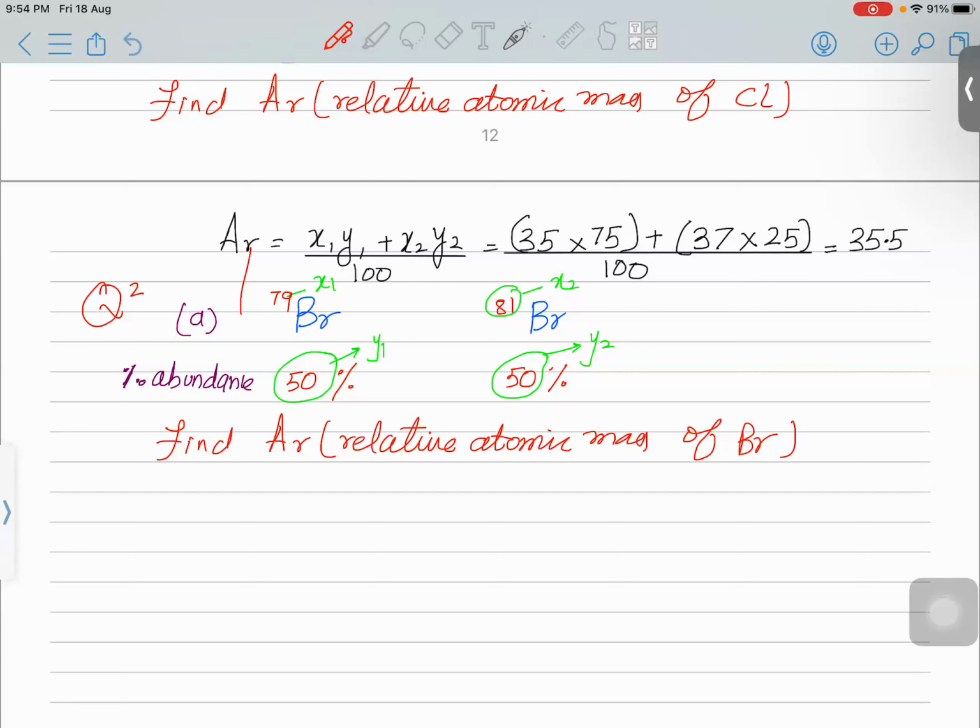If you have 4 mangoes and 6 oranges, then the percentage abundance is 40% and 60%. Sir, will they give the percentage abundance in the question? Yes, percentage abundances are given. Now try to solve question number 2.